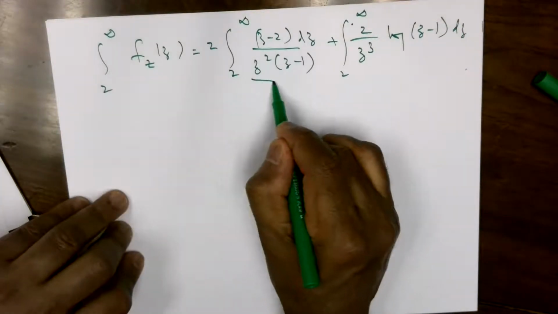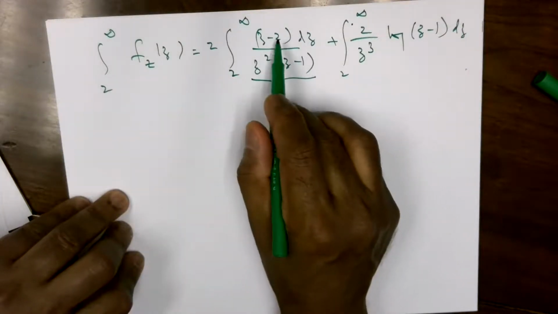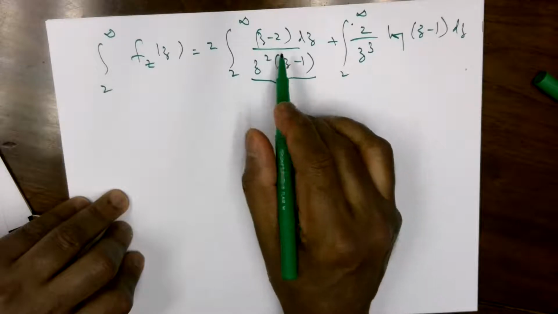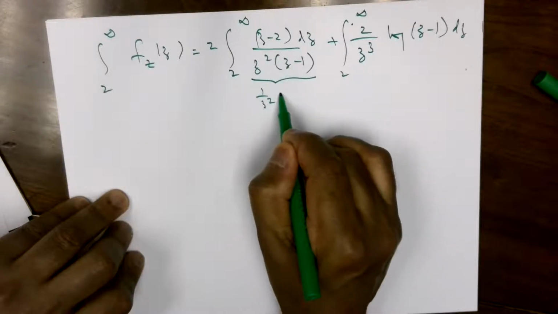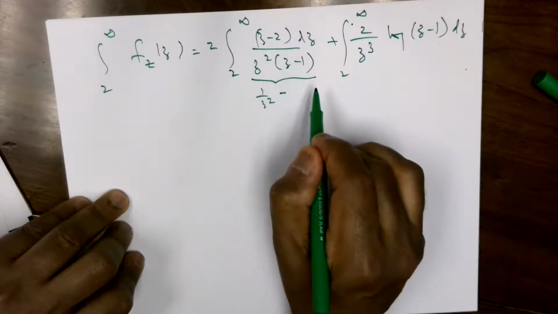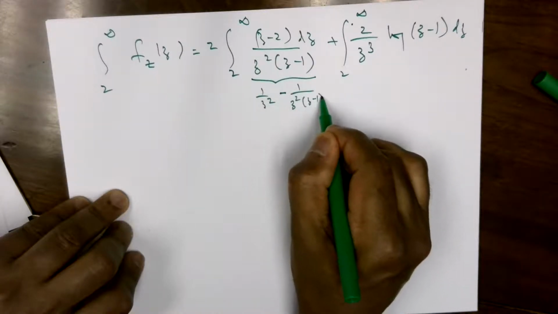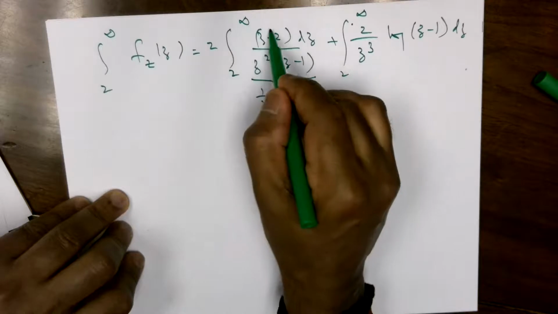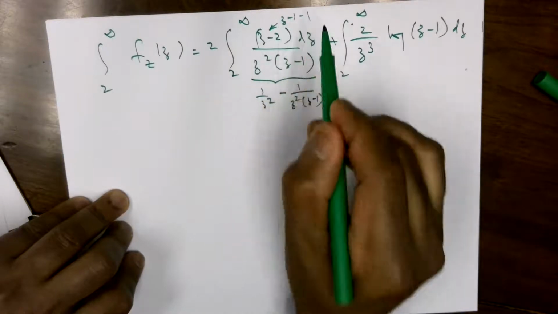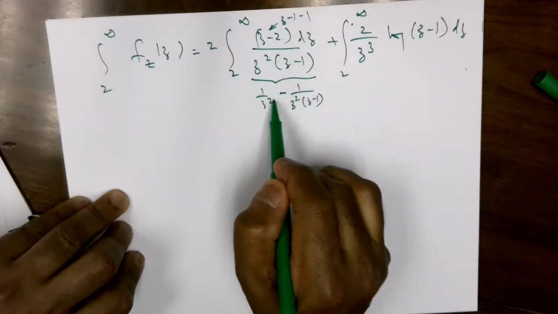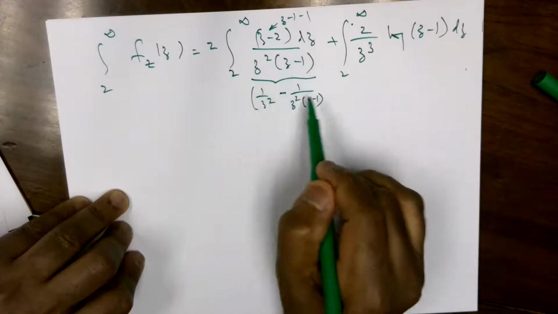So I'm going to split this into two terms as before. So this is 1 over z squared minus 1 over z squared multiplied by (z minus 1). You can see, write the numerator as z minus 1 minus 1. So z minus 1 cancels, giving 1 over z squared minus this.